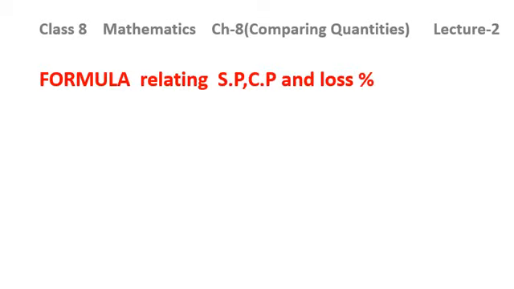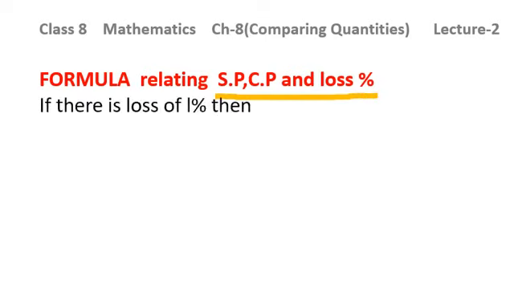Now coming to the formula relating SP, CP and loss percent. We need to find the formula now between SP, CP and loss percent. So how will we proceed? Again, if there is a loss of L percent, in the previous case we took profit as P percent. Here we need to deduce the formula between SP, CP and loss percent, so we have taken loss as L percent.